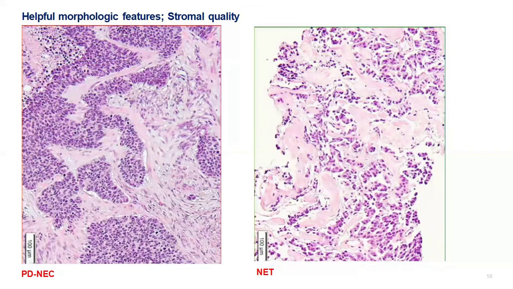So some clues which could be helpful to differentiate between them is that on the left hand side we have the poorly differentiated neuroendocrine carcinoma, while on the right side we have the neuroendocrine tumors.